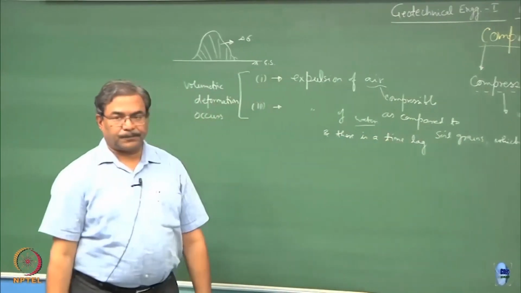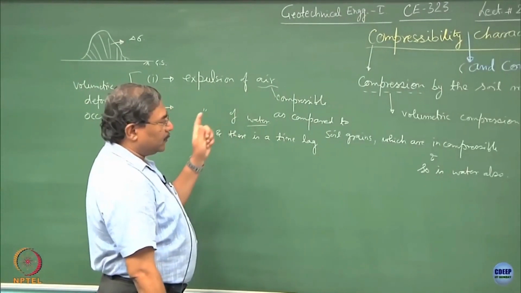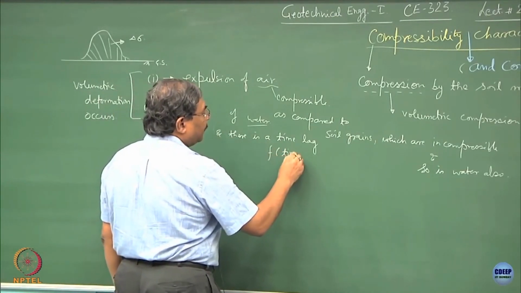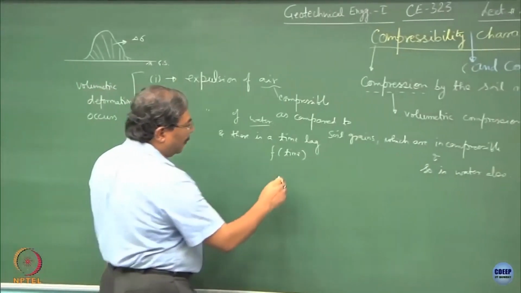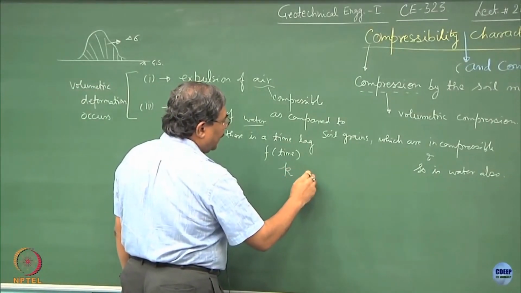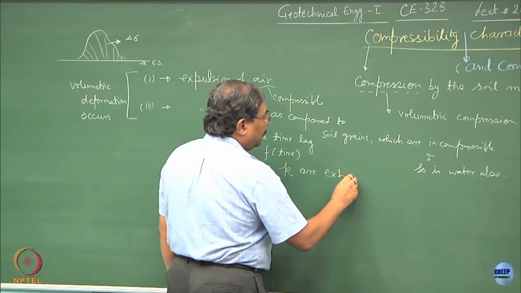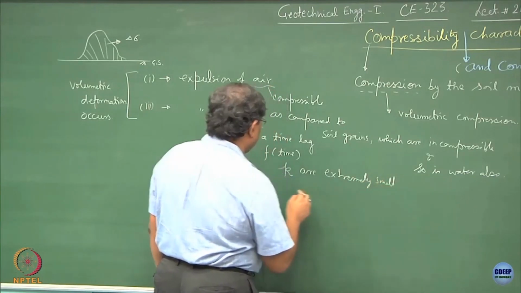That means this process of expulsion of water from the soil pores is going to be a function of time, and this is mostly because of the fact that hydraulic conductivities of the geomaterials are extremely small, particularly for the fine grained soils.